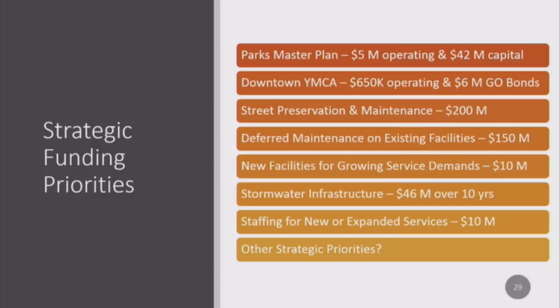But we have hired a consultant to do an assessment of our facilities, and so that number is likely to be larger than $10 million. And then, as the mayor mentioned, there's stormwater infrastructure needs. The current stormwater plan has $46 million of both operating and capital needs over the next 10 years.